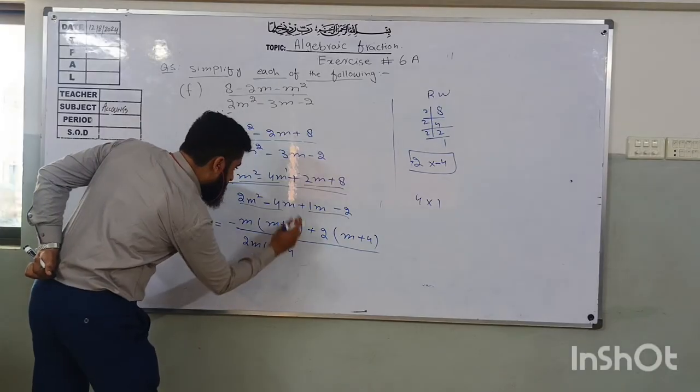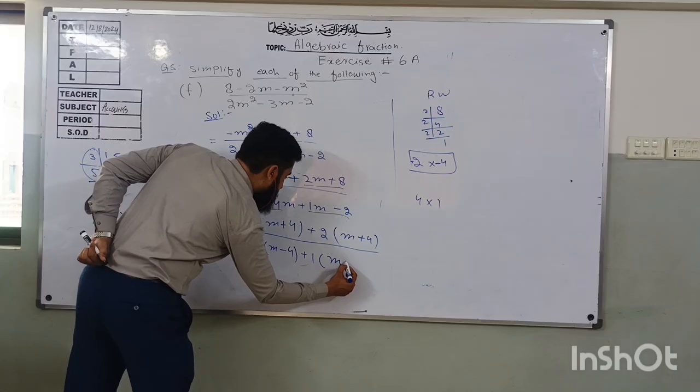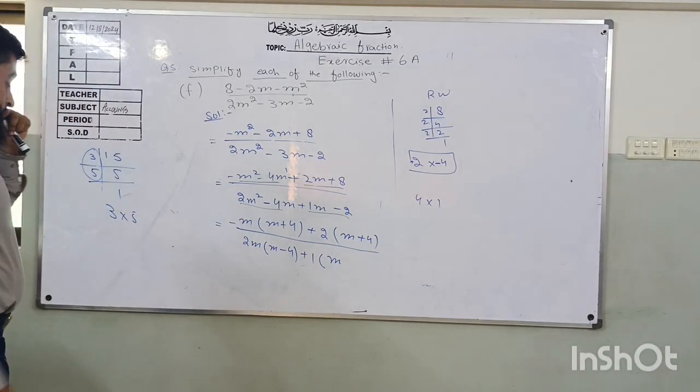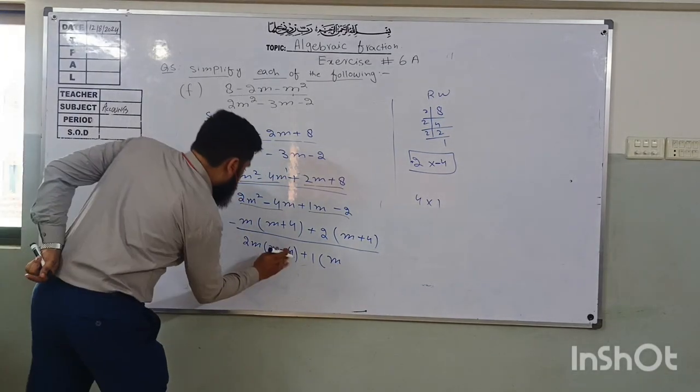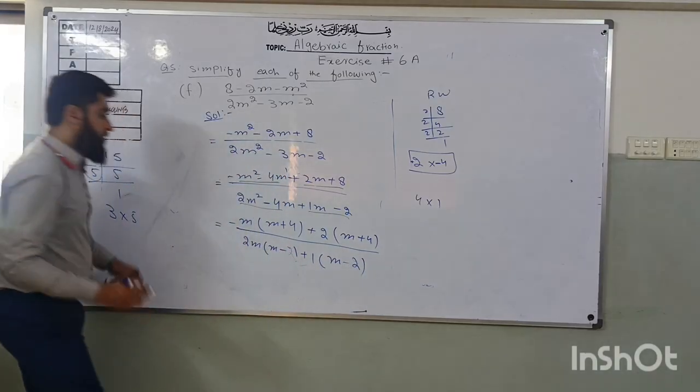Okay, next one. In this case nothing is common, then one common is m minus 2. In this case 2 is common, so m minus 2 is remaining.